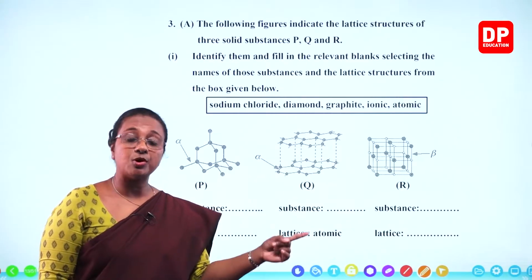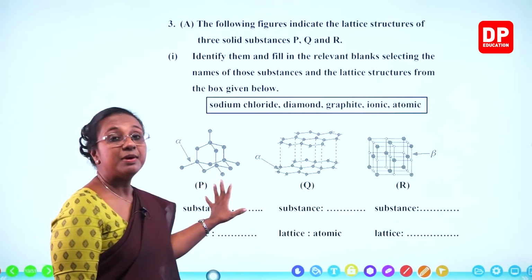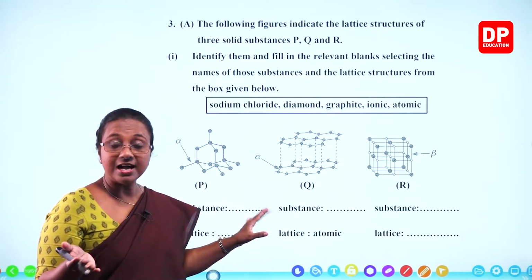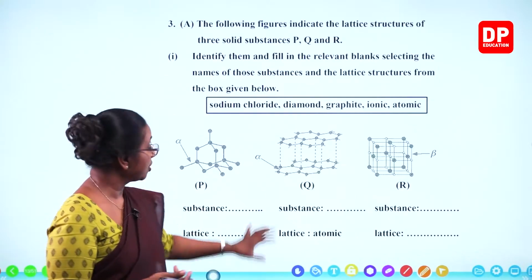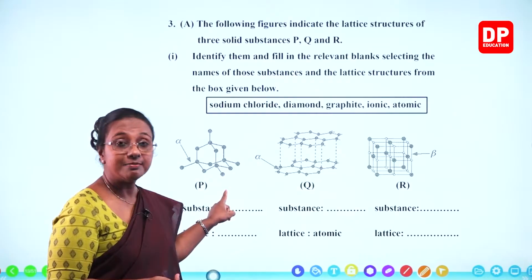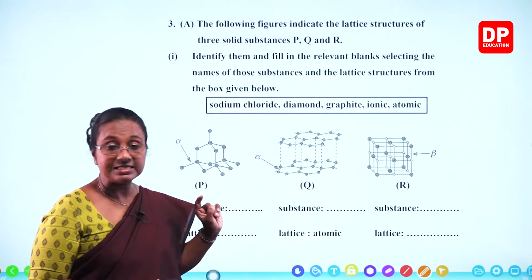Each carbon is bonded with another four carbons. That is why diamond has very high strength, very strong. The hardness is high, it has a very high refractive index. All the properties are related to the lattice structure. High melting point, high boiling point, all that is related to the lattice structure.